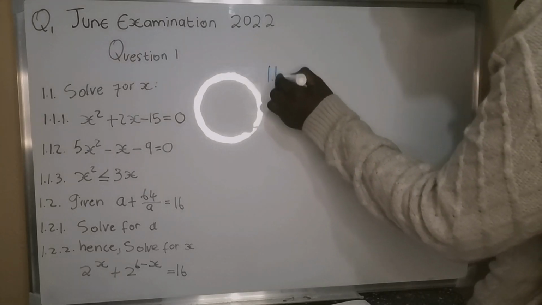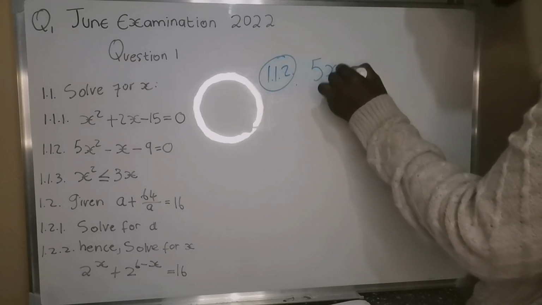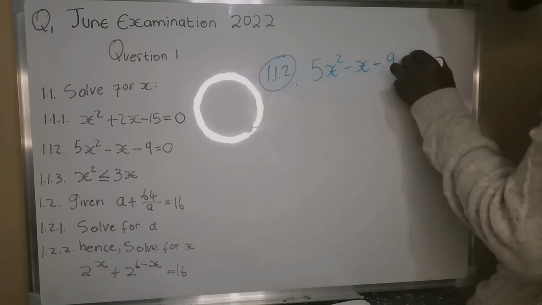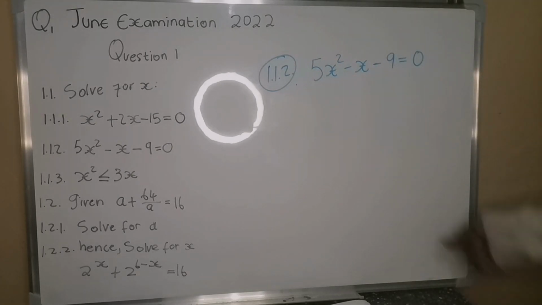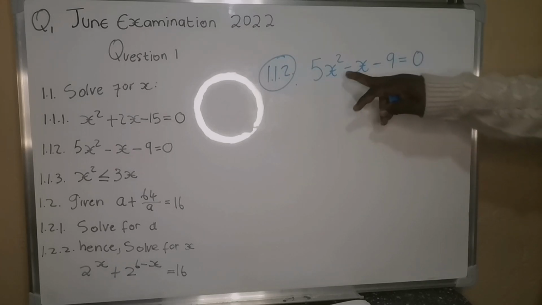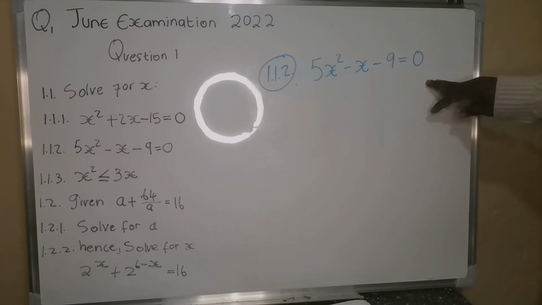So you have 1.1.2. We have 5x squared minus x minus 9 equal to 0. This one does not need any simplification because it is arranged in the proper order of a quadratic equation.